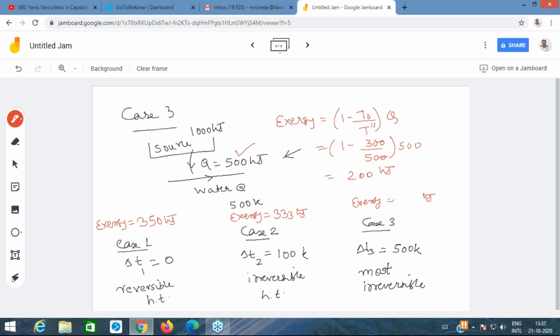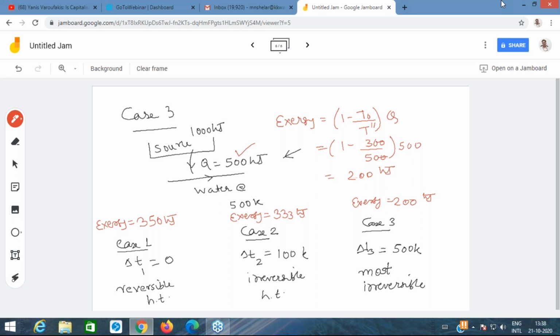So our aim should be to design the heat engines. What are the practical insights we get from this? Our aim should be to design the heat engine such that the working fluid accepts the heat at a temperature which is closer to the temperature of the source.